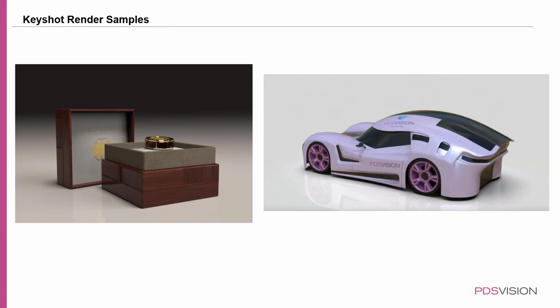I'm going to show off some samples here from KeyShot. Just some of the things that we've done here at PDS. On the left image is just a ring from a jewelry company that we had set up. On the right is a sculpted concept, a race car concept using our colors.